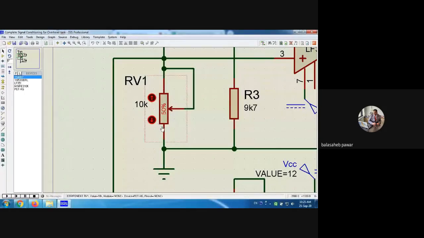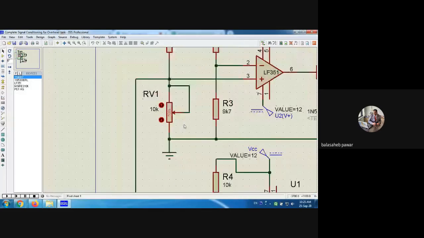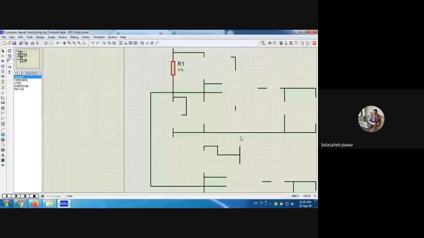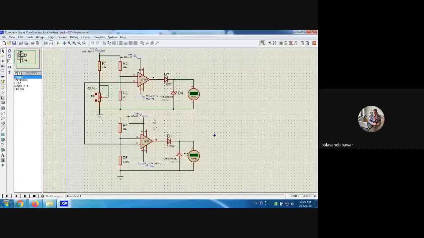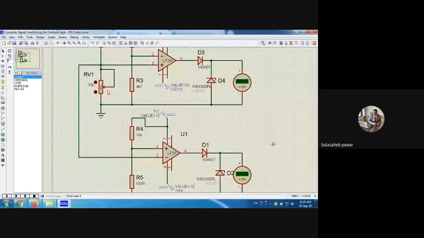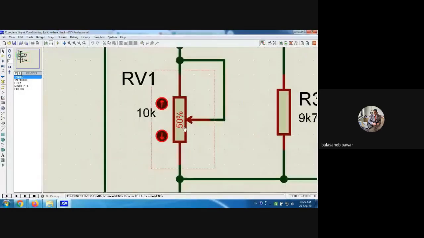By this 5 kilo ohm resistance, this node voltage will be less than the maximum possible, which yesterday we determined was 6 volts. So whenever the resistance is 5K, it will be less than 6, and in that case no action should be taken by the microcontroller, is it? So by keeping the resistance offered by that sensor at 50% only, is it visible? I am showing it as 50%, right?